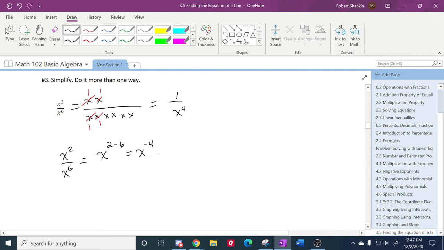And oftentimes the directions are write your answer with positive exponents only, because a lot of people forget what negative exponents mean, or never learned it. So we move it down, get the same answer. A third way, we'll take the perspective of the denominator. Subtract the exponents. Get the same answer each way.